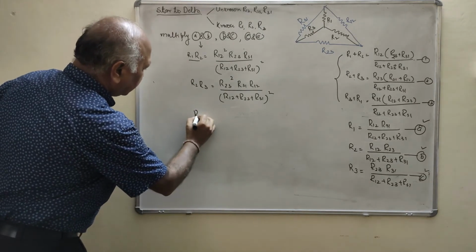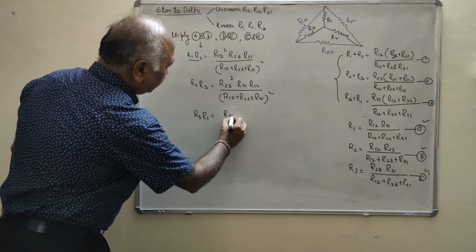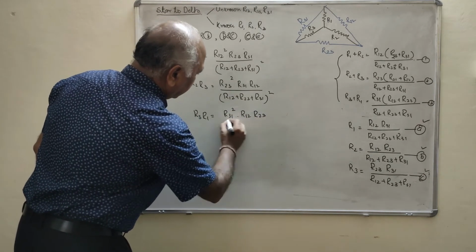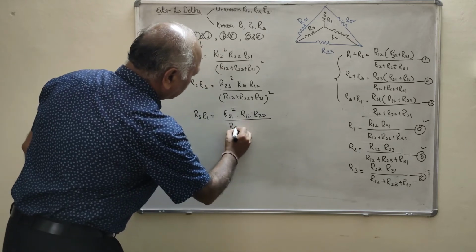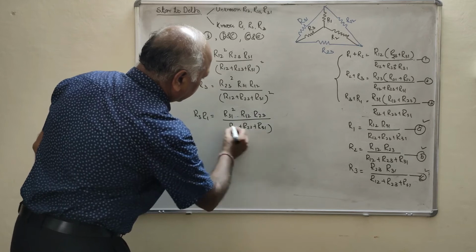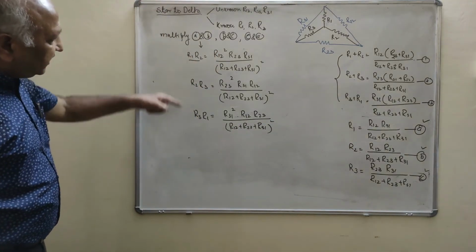Similarly, R3R1 is equal to R31 square into R12R23 upon (R12 plus R23 plus R31) whole square. Clear? When you add all three equations, you will get R1R2 plus R2R3 plus R3R1 is equal to R12R23R31, and the common term will come out of all of them.